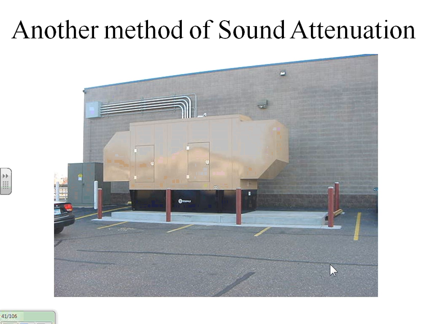Here's another sound attenuation design. I think this is at Northtown Mall. Anyway, you see two scoops. We've got an inlet scoop on this end, and because of the negative pressure, the radiator fan is obviously on this side, right? Pushing the air out and up. So that takes care of the noise on that side.